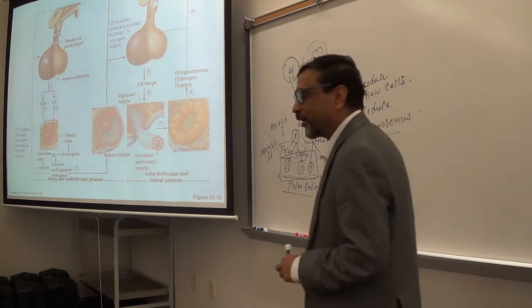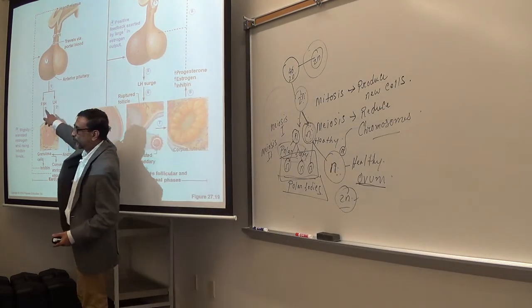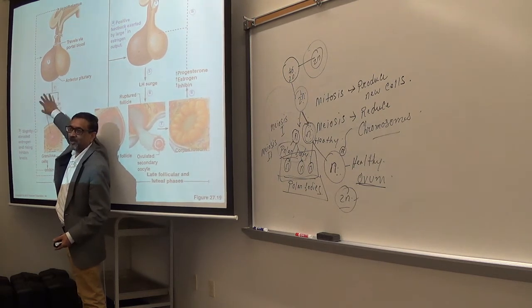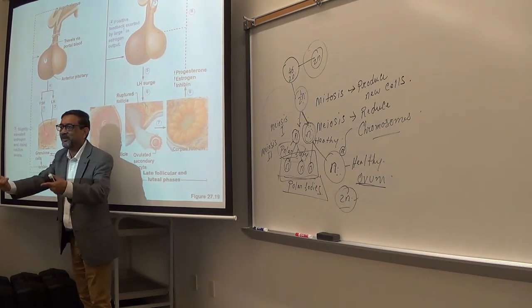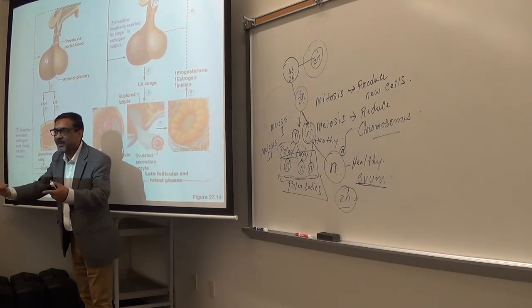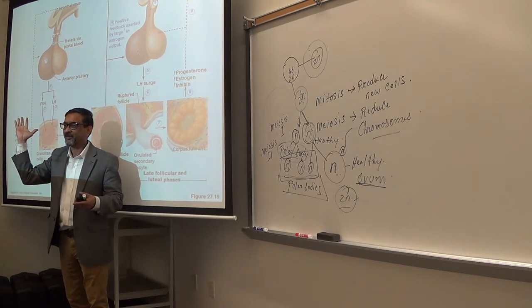Now you tell me, if I block these two, then what will happen? The follicle will not grow, will not mature, and rupture will not occur. Make sense?